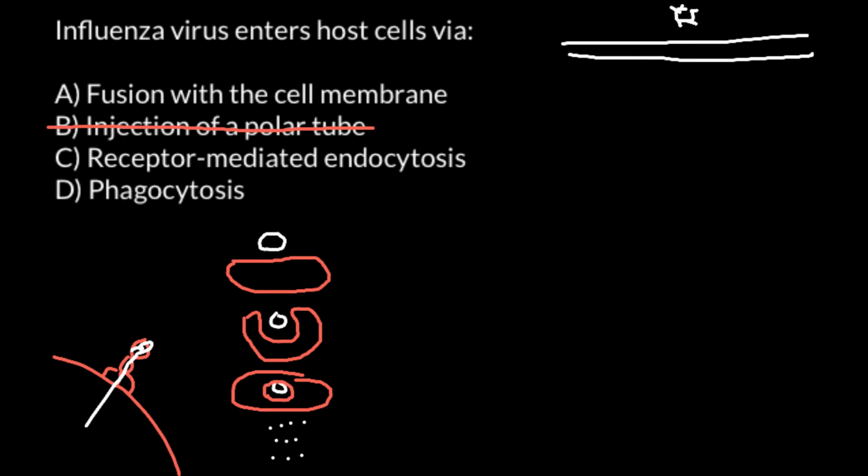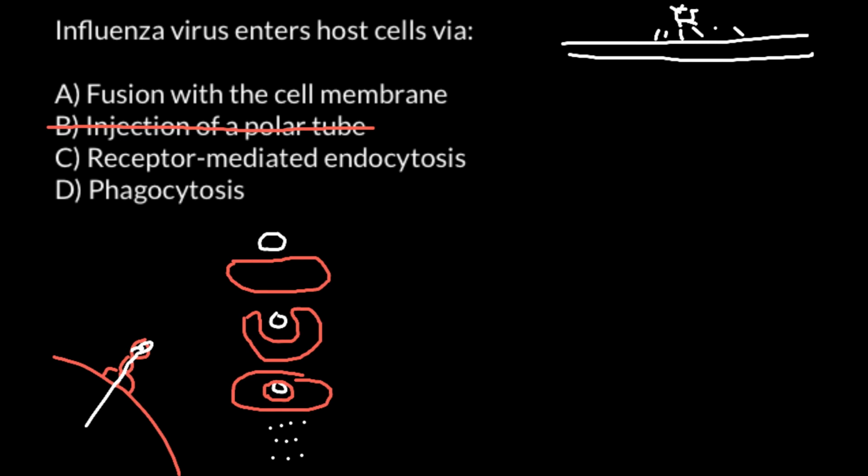And in order to attach to the lipid bilayer, this cell must have also receptors to which these surface proteins of the virus would have high affinity, and such receptors would be sialic acid, and this is a type of sugar. So this is also glycoproteins.